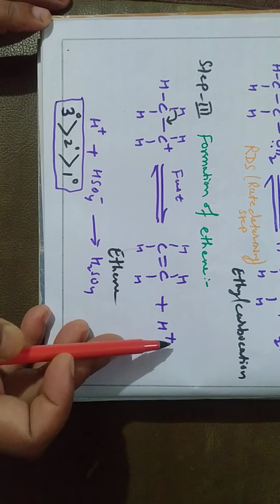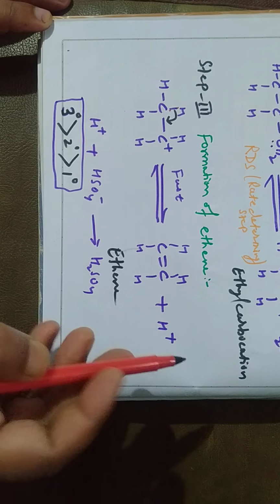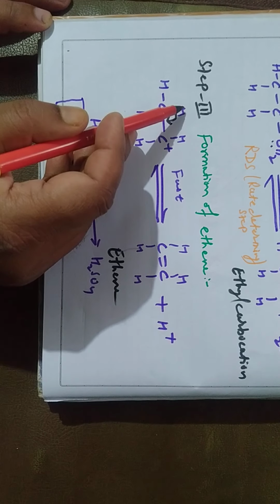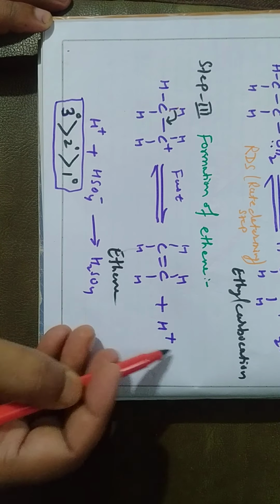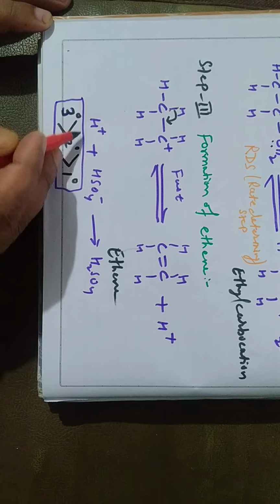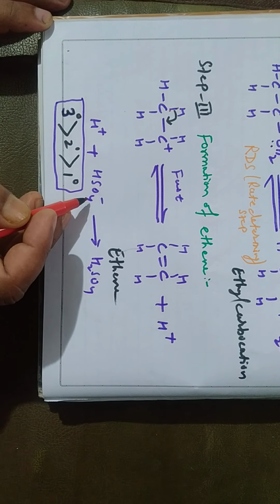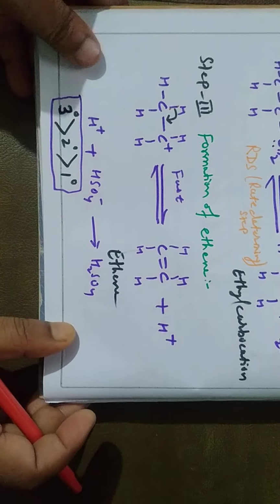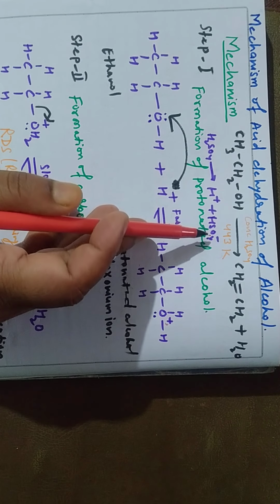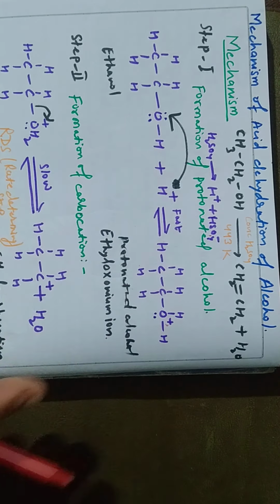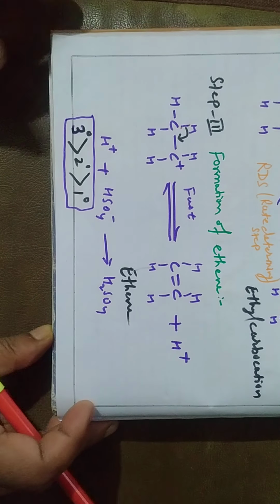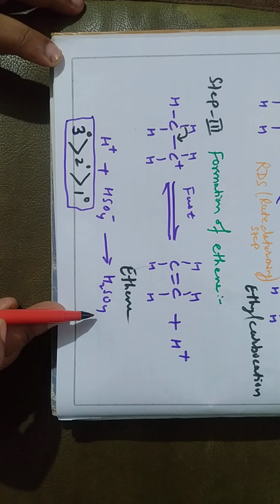Now the H+ ion so formed is eliminated, and this H+ ion again reacts with the HSO4- formed earlier. Here you can see that HSO4- takes the H+ ion to form H2SO4.